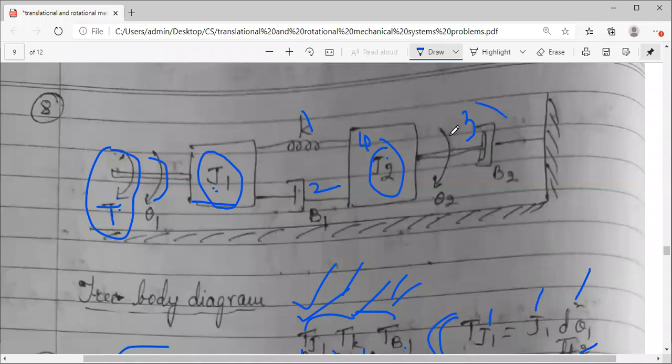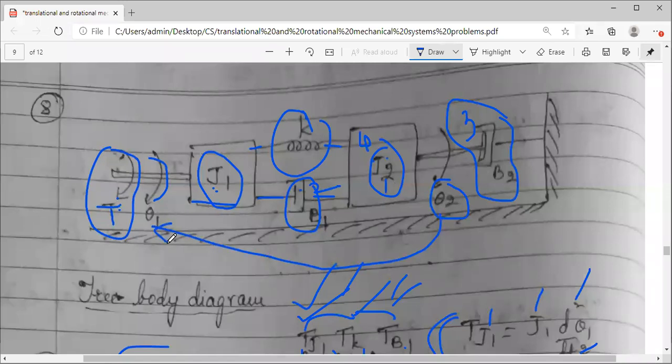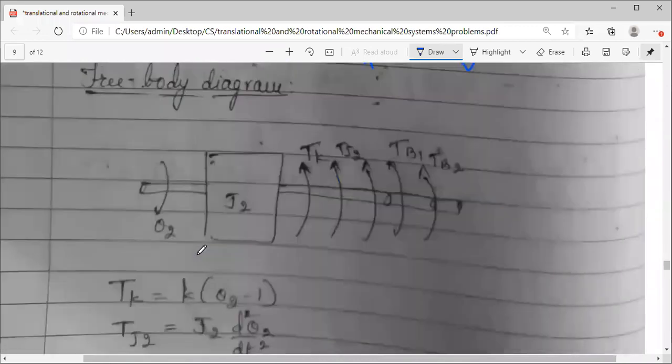And remember, for B2, when I'm talking about the B2 element, it is only the angular displacement theta 2. But when I'm talking about this spring and B1, these two elements, they are free at both the ends. And I'm writing the equations with respect to J2, so theta 2 minus theta 1 I have to take. See, there is a J2. This is the given angular displacement. 4 different torques: due to the spring, due to the moment of inertia of the body itself, TB1 and TB2.